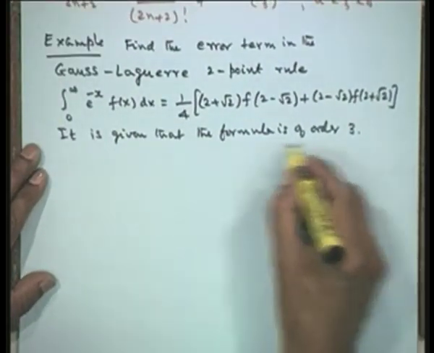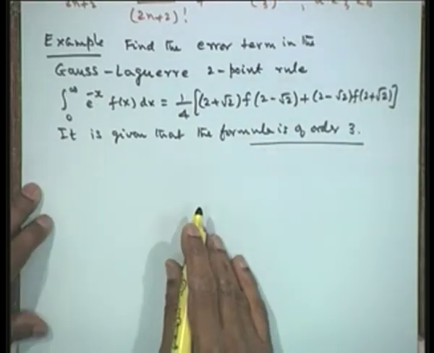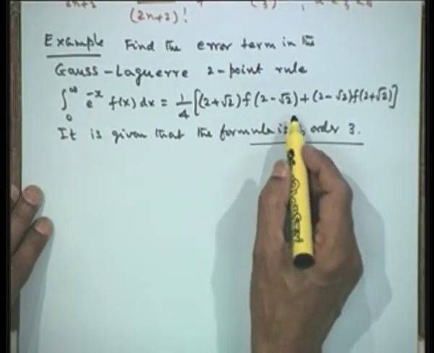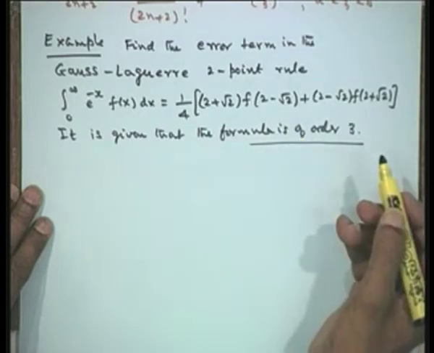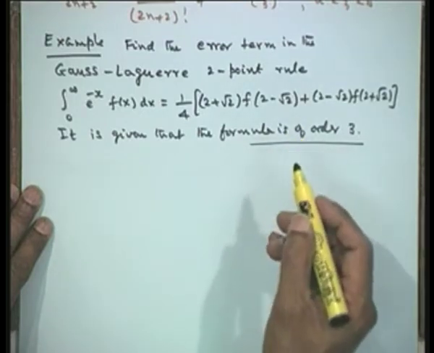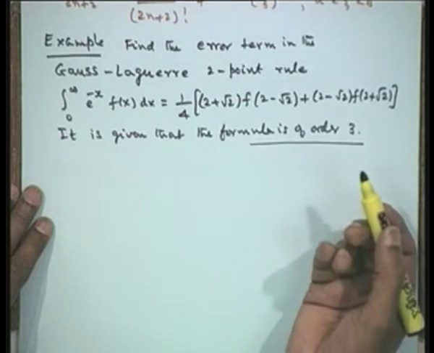Now, since the formula is given to us as order 3, it is going to integrate exactly f(x) equal to 1, x, x squared, x cubed. Therefore, the error term should come from the next power, that is f(x) equal to x to the power of 4.